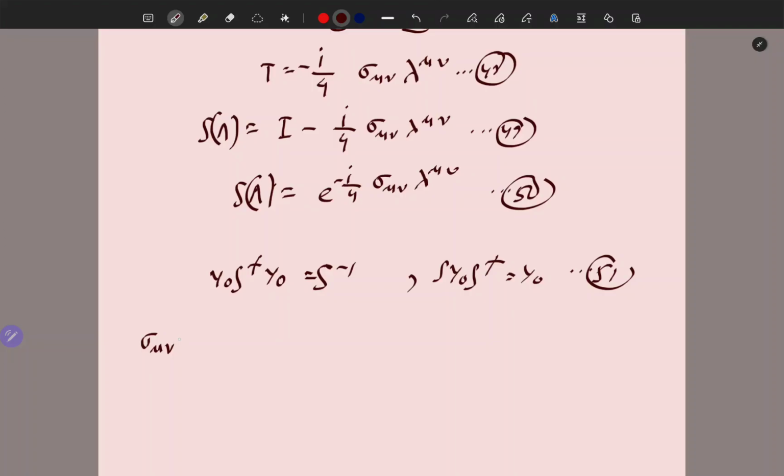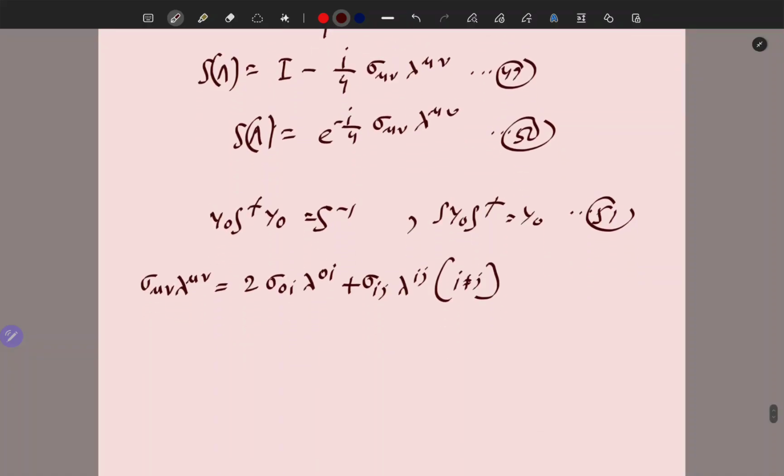First, sigma mu nu lambda mu nu equals 2 sigma 0i lambda 0i plus sigma ij lambda ij for i not equal to j. Then sigma 0i equals i gamma 0 gamma i and sigma ij equals i gamma j.